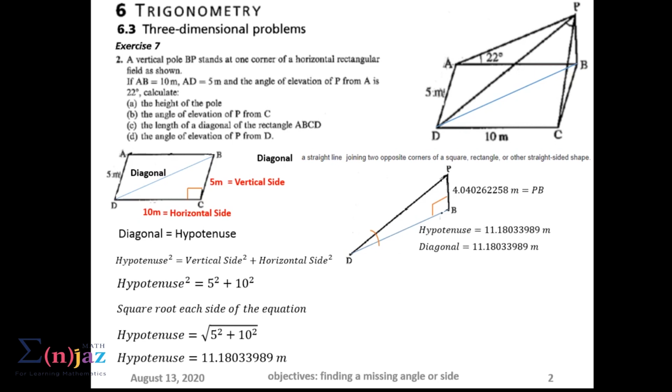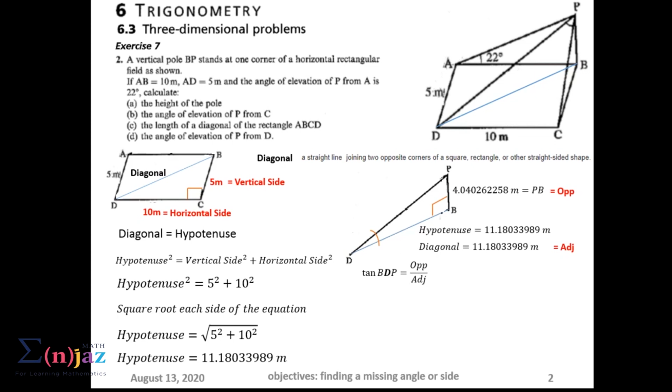As per the unknown angle, the known sides are the opposite and the adjacent. So this is my adjacent, and this is the opposite as per the unknown angle BDP.